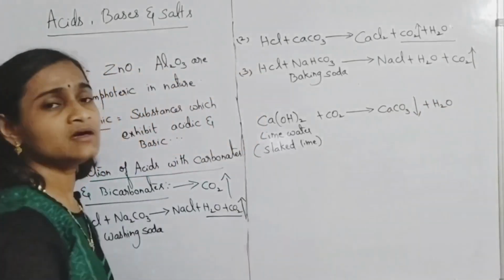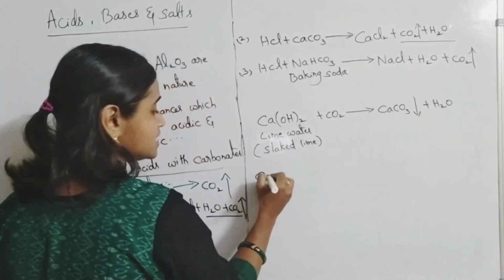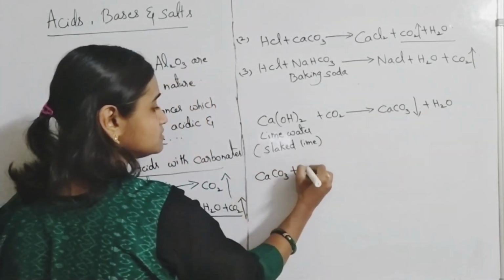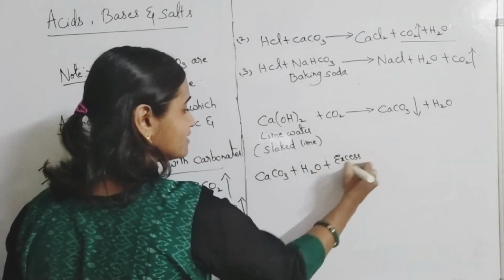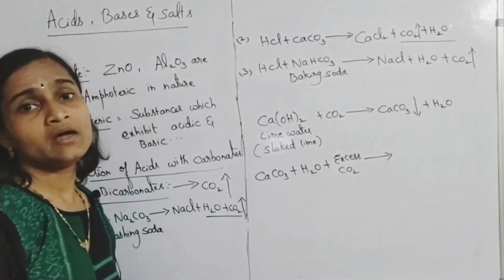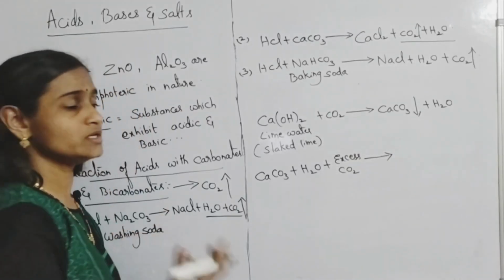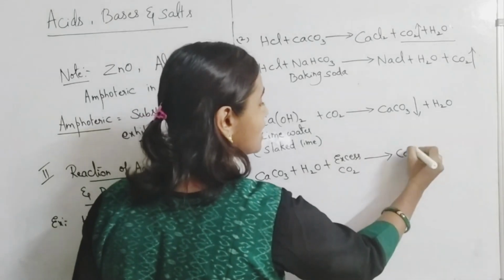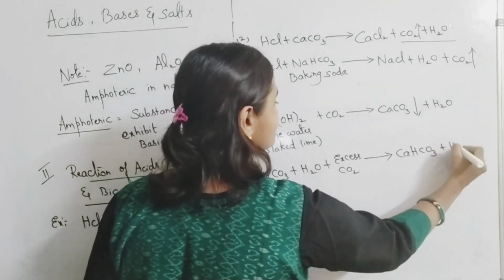If you send excess CO2 through this solution, CaCO3 plus H2O plus excess CO2, then this white precipitate gets dissolved, and again you will get a clear solution of calcium bicarbonate, Ca(HCO3)2, plus water.